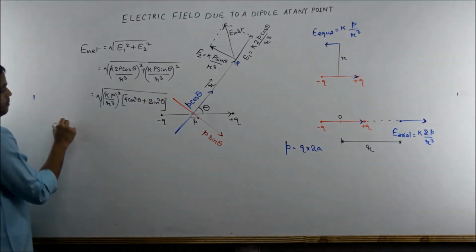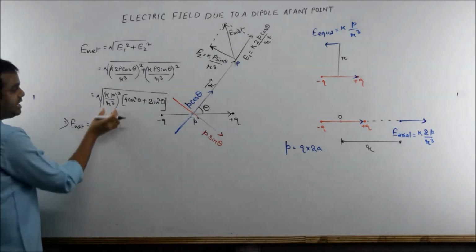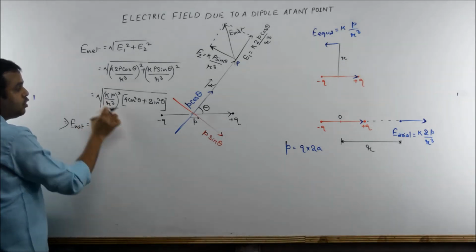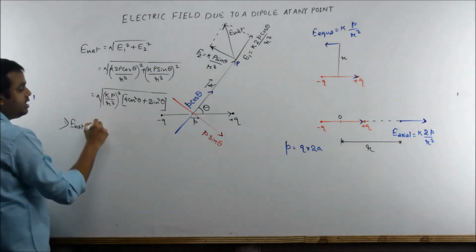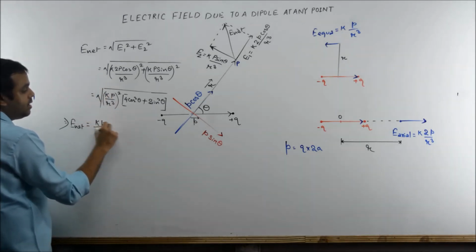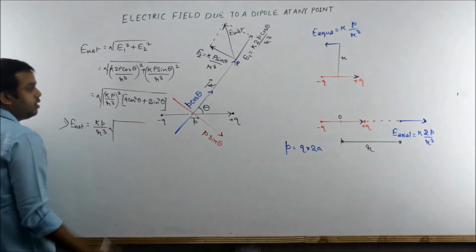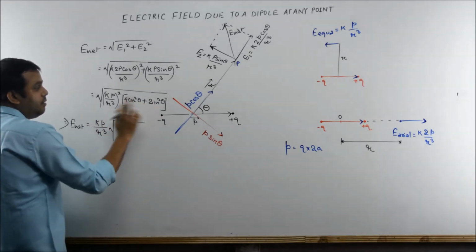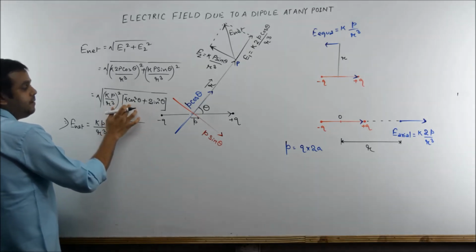Yes friends, implies net electric field equals, we can take this outside, root over K P by R cube whole square, which is K P by R cube, times root over sin square theta plus cos square theta. Here there are 4 cos square theta.